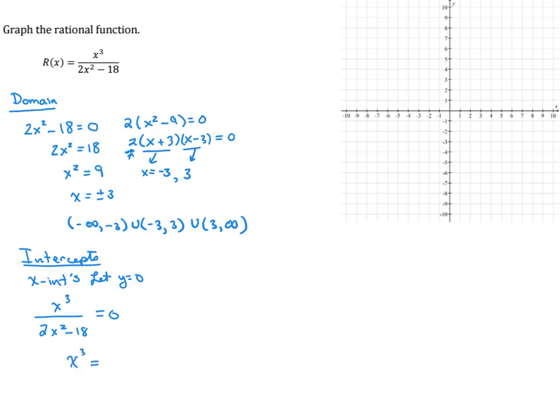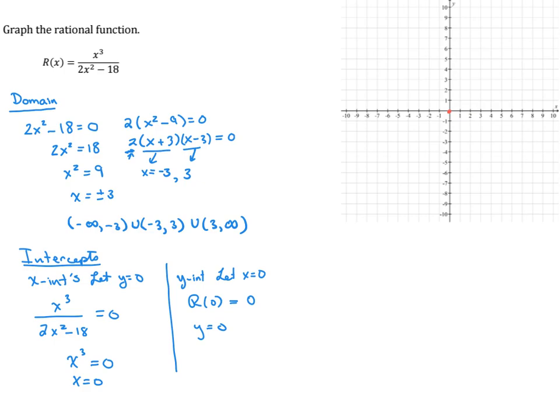And then on the right-hand side, we get 0. So, take the cube root of both sides, we get x equals 0. And 0 is in the domain, so therefore x equals 0 is our x-intercept. Now for your y-intercept, it's less eventful. We let x equal 0, and we get r of 0, which is going to be 0. So your y-intercept is y equals 0.